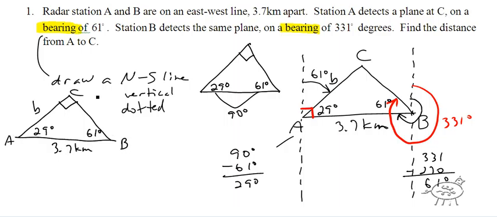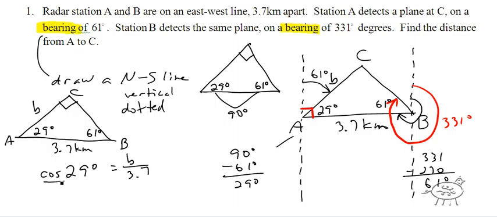All right, and then it's just a matter of using trig. I'm going to use, it doesn't really matter if you use the 61 or the 29 degrees, because they're both given. I'm going to use the cosine of 29 degrees, and cosine because it's adjacent over hypotenuse, which is b over 3.7.